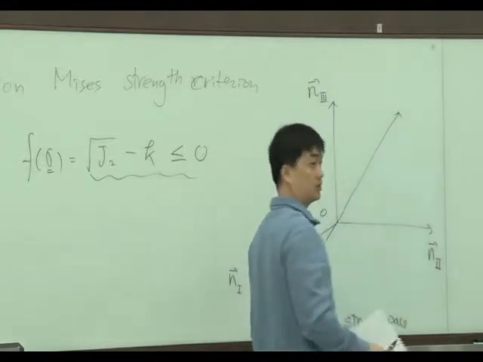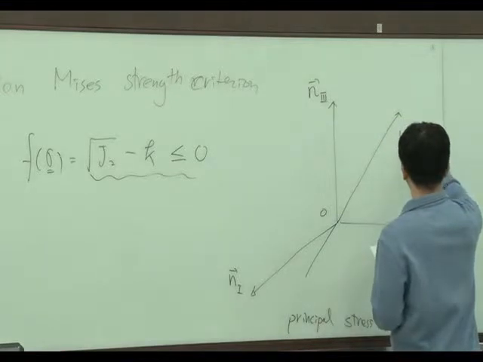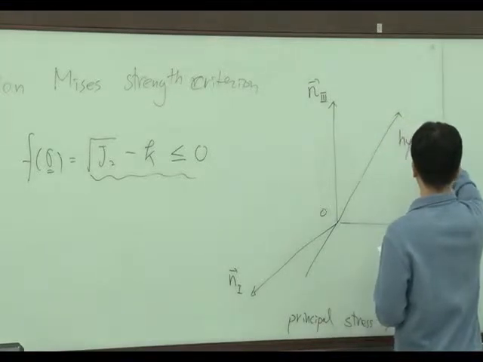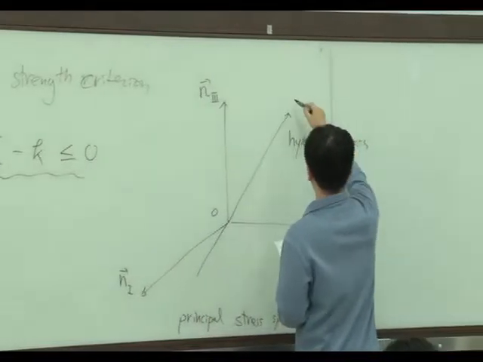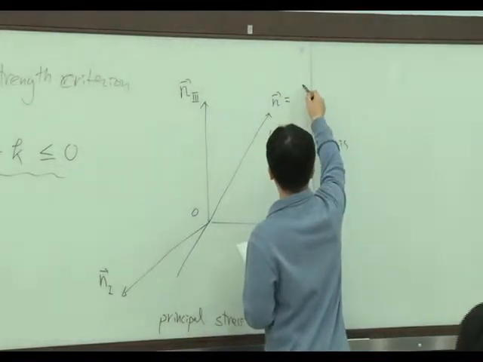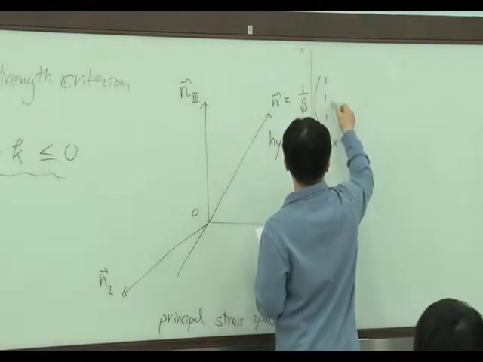Let's say this is the principal stress axis, the hydrostatic axis, with direction 1 over square root 3 times (1, 1, 1).